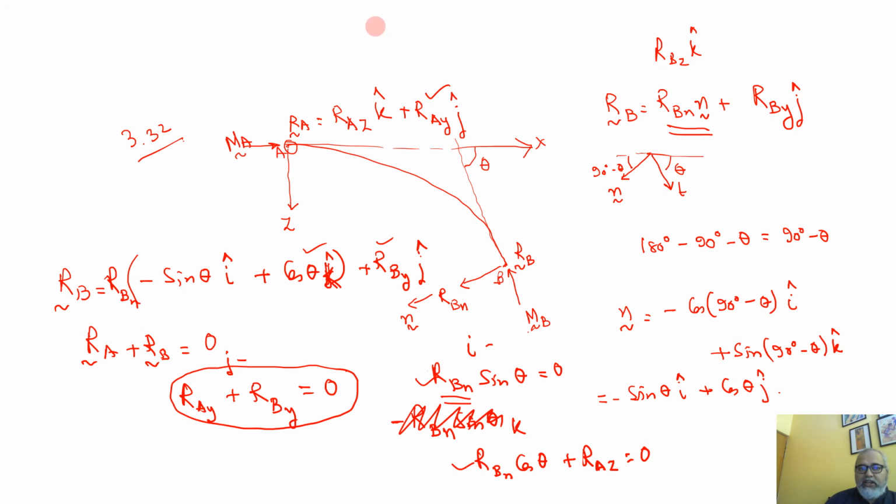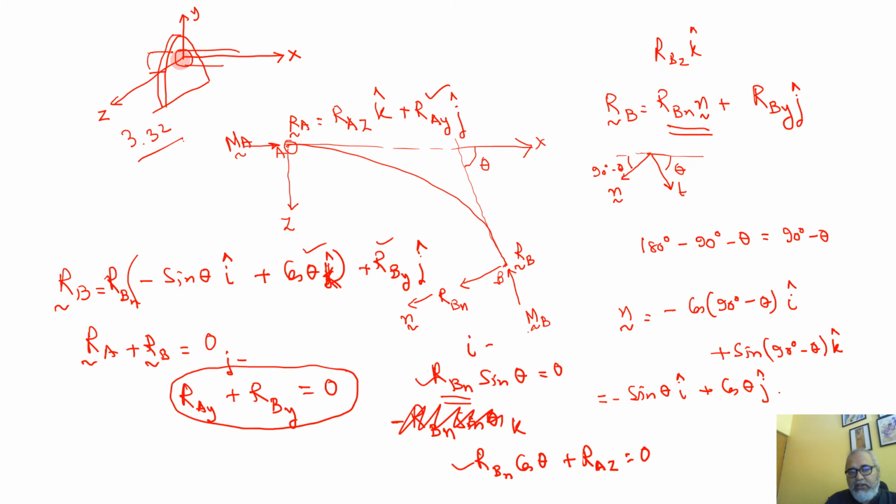The other question that many of you asked is about the choice of the components of RA. Now the support is like this. It's a plate with a hole through which this shaft is passing. So the shaft passes through this thick plate, where this is the Z direction, this is the Y direction, and this is the X direction.